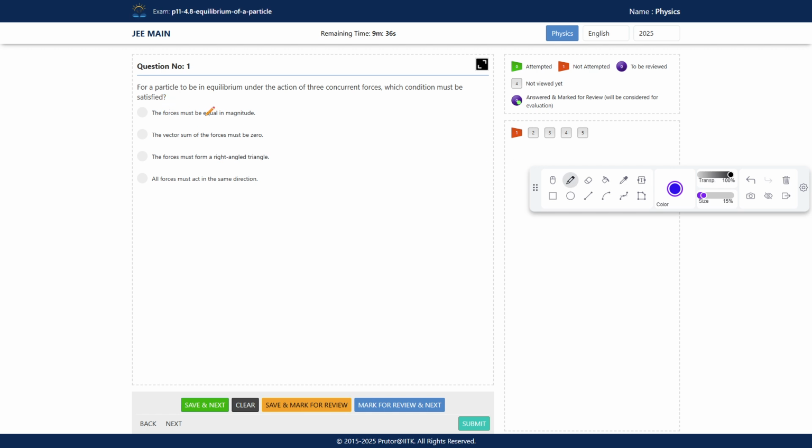First, the forces must be equal in magnitude. Second, the vector sum of the forces must be 0. C, the forces must form a right angle triangle and all forces must act in the same direction. So in this question you have to find out the correct option. Which one is correct? Please answer.